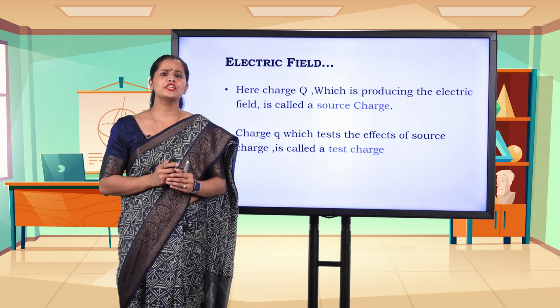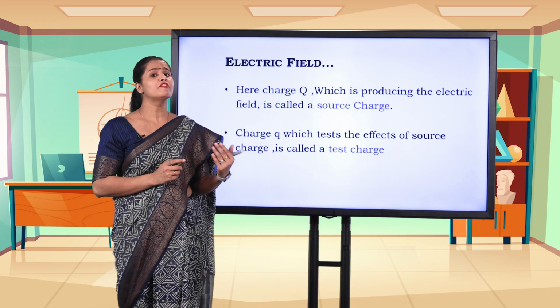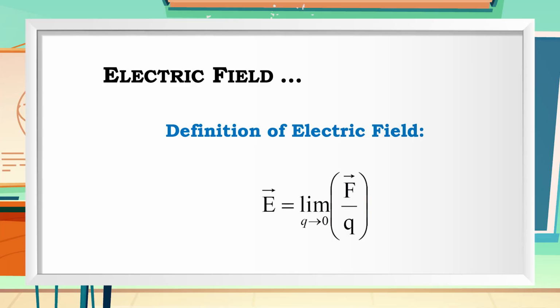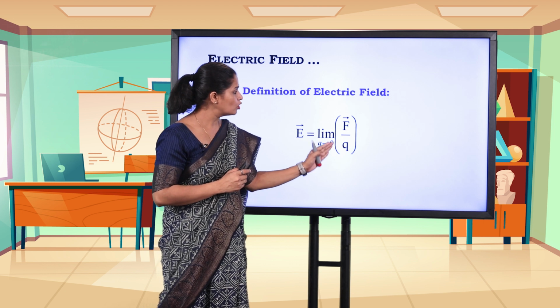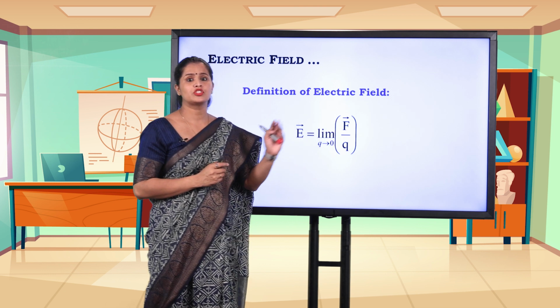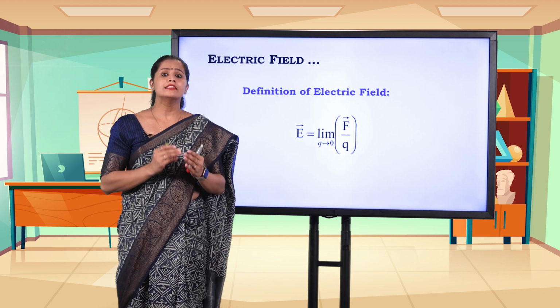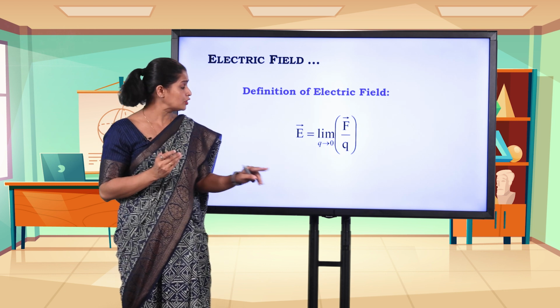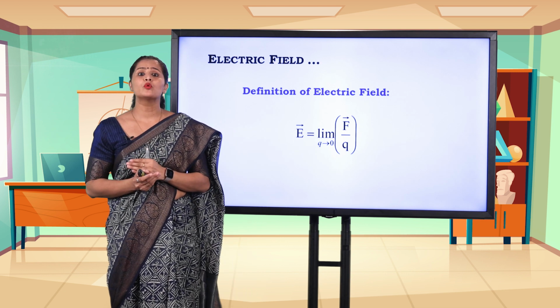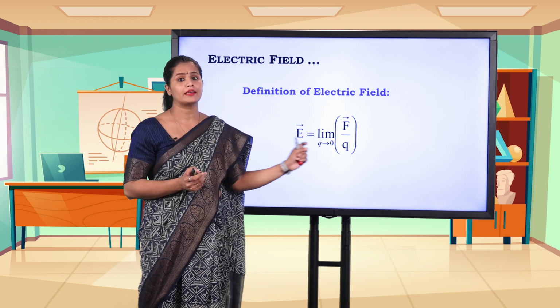Now we are in a position to define the electric field formally. So, electric field is defined as limit q tends to 0 of force upon the test charge. If q is unity, then the electric field due to capital Q will be numerically equal to the force exerted by it.